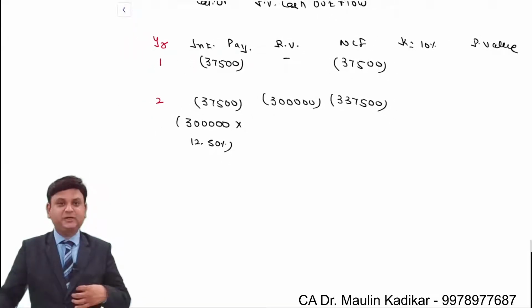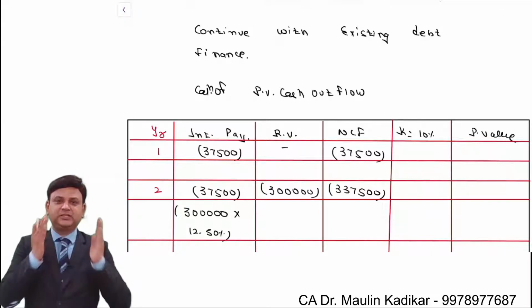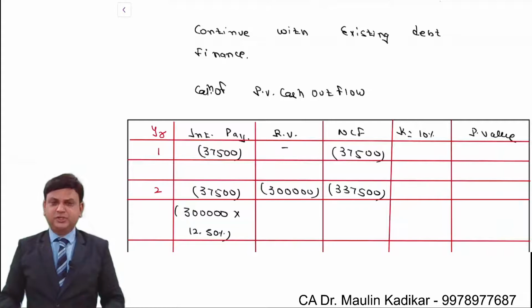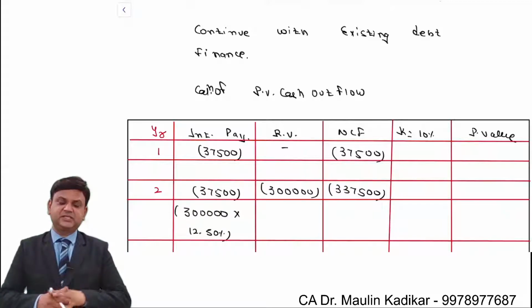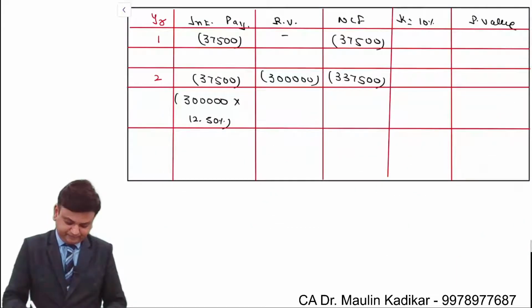This is the way we are required to answer. Friends, over here we have not considered the flotation cost amortization or discount amortization. Why? Because there are no taxes. If there are no taxes, then we have to ignore all these non-cash items.